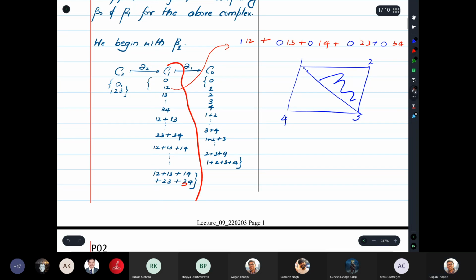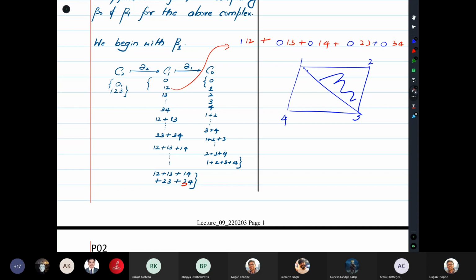And can one of you volunteer and tell me what should be the dimension of this vector space? What should be the dimension of this C1 vector space? What do you think its dimension should be? Yes, Agnit, go ahead. 5. Please justify.